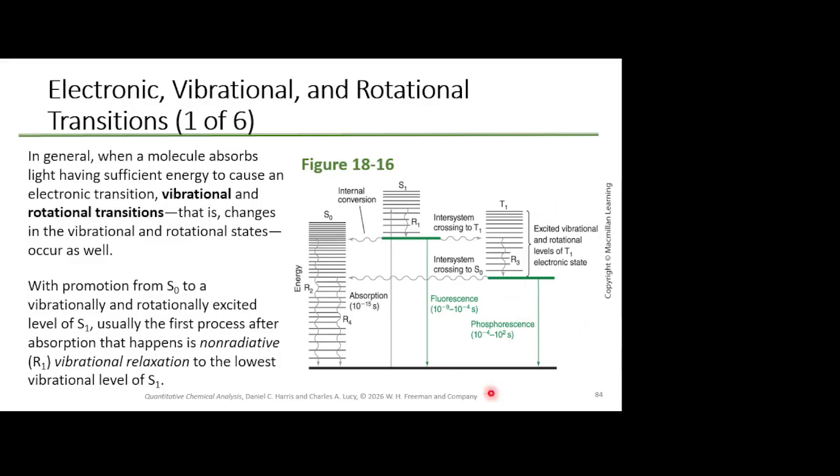All right, so let's go ahead and look at a spectrum. These are some of the different conversions we can get. I'm going to use this spectrum for a few slides here. So for example, we have a promotion from S0 to vibrational and rotational excited levels of S1. We have S0 here, S1 here. And notice that we have these very small energy levels.